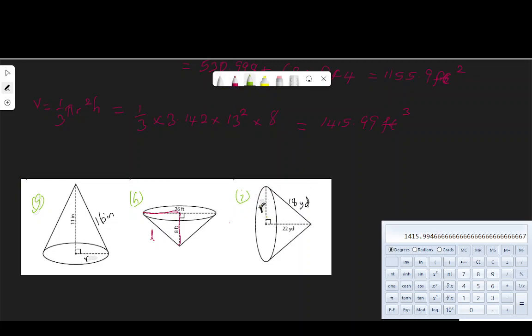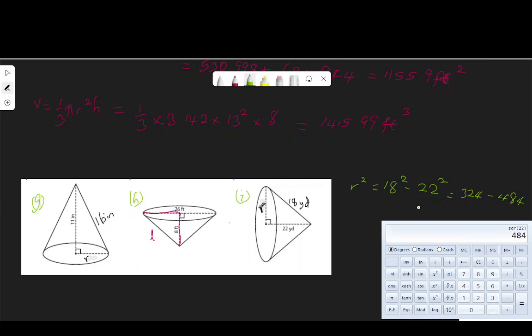Applying the Pythagoras theorem to this triangle, r squared is equal to 18 squared minus 22 squared. 18 squared is 324, minus 22 squared, which is 484.